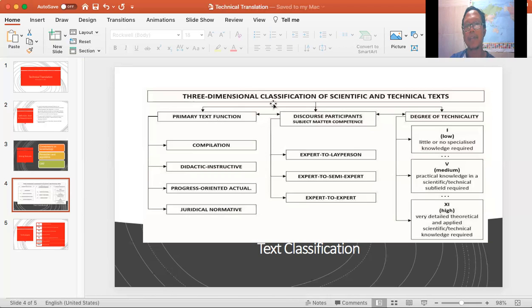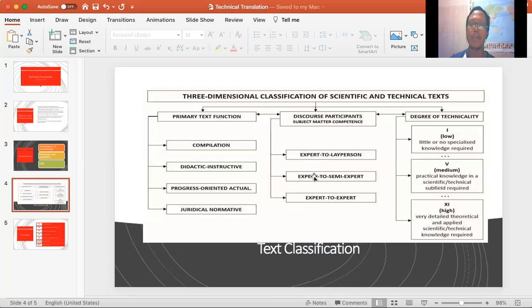Before we start translating, we probably need to diagnose at which level of this classification the text that we are going to translate sits. Say, for example, I give you a text A. In terms of function, it is detective.